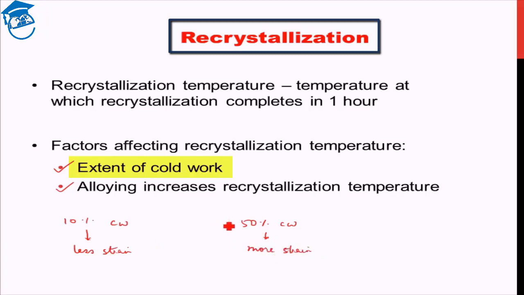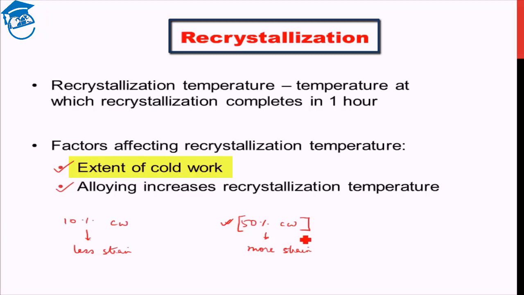Therefore the 50% cold worked material, since it has more strain, will have more driving force for the recrystallization to occur. Therefore, paradoxically, a material which has more cold work will actually be easier to recrystallize.